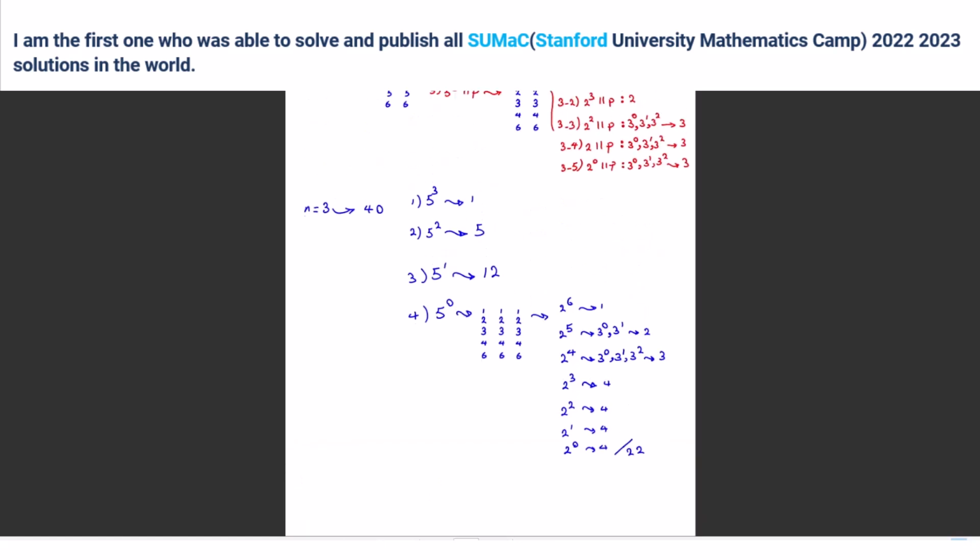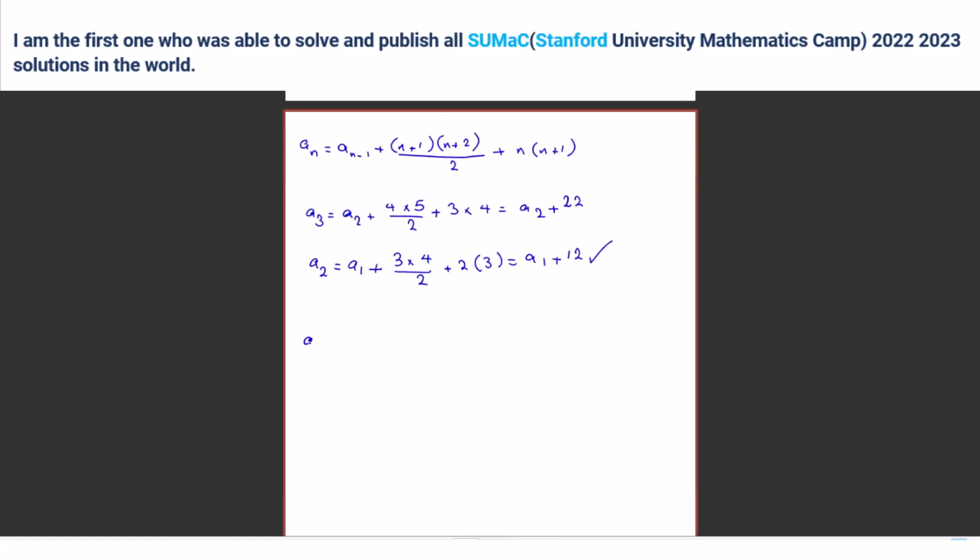Let's check it together. As you can see, for A_n, we can say it is equal to A_{n-1} if power of 5 is n or n minus 1 to 1, right? Yeah. Now if power of 5 is 0, then we know that we have 1, 2, 3, 4, 6, right? For n times. Agreed? Yeah.